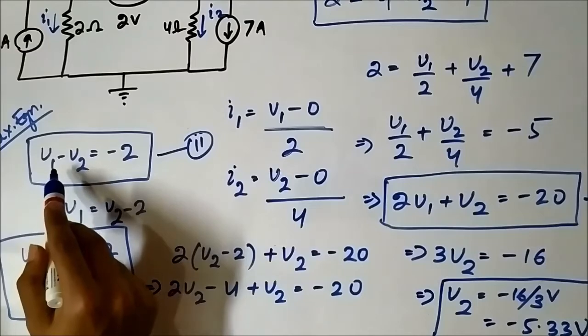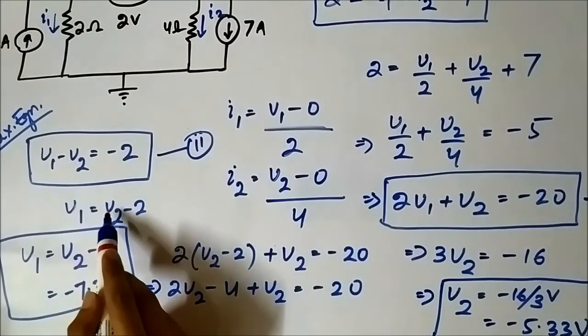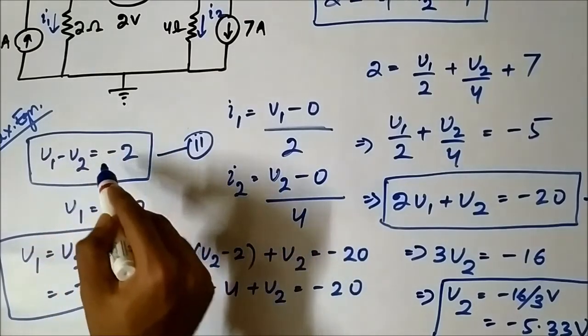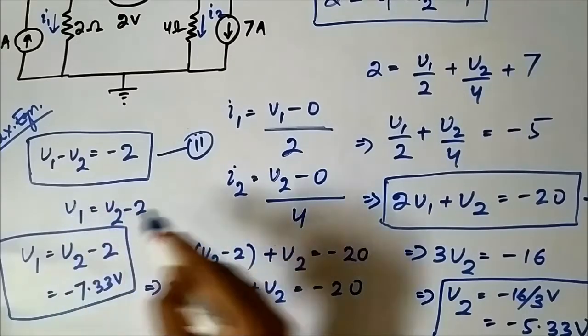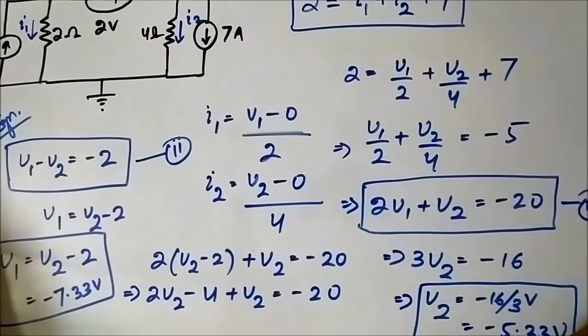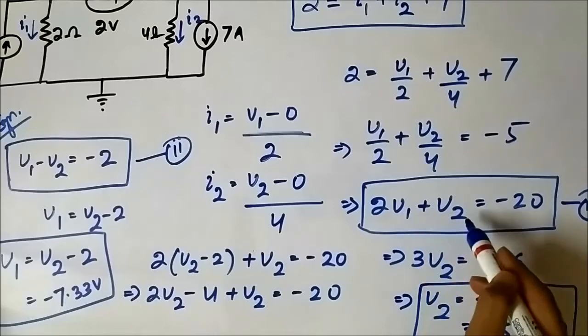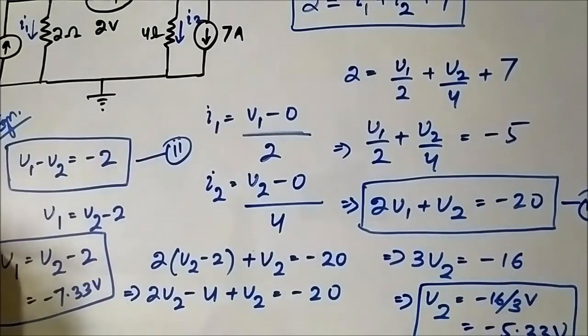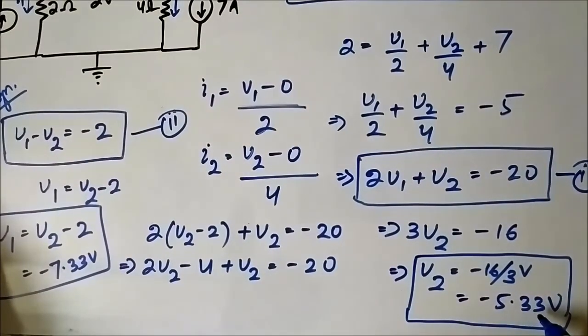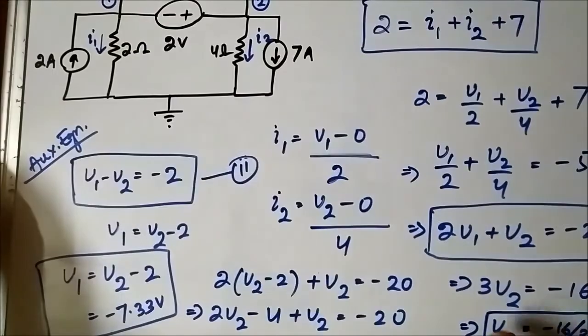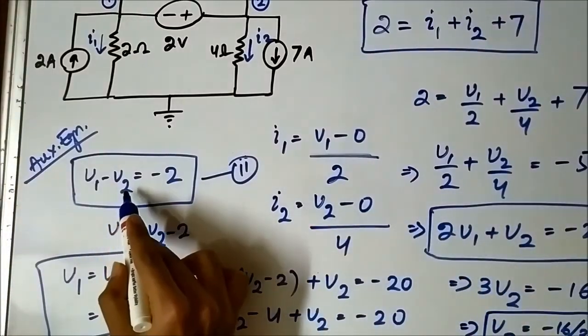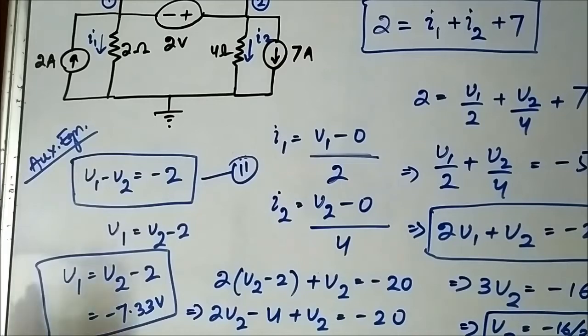We got V1 equal to V2 minus 2 from this equation, and we substituted it in the other equation. We got it in terms of V2 and found V2 to be minus 5.33 volt. Then we substituted this value of V2 and got the value of V1.